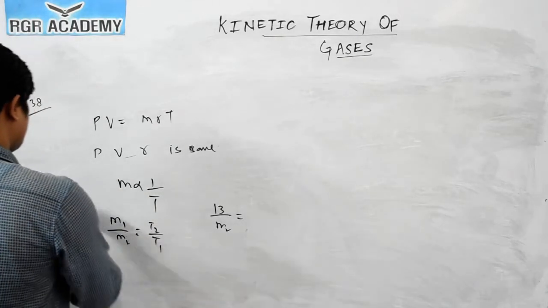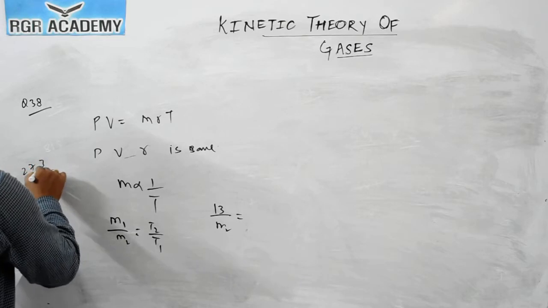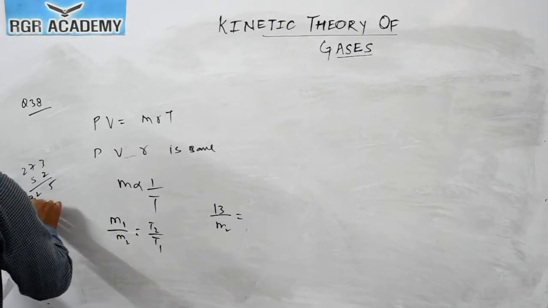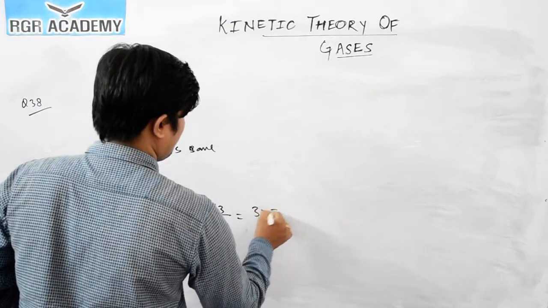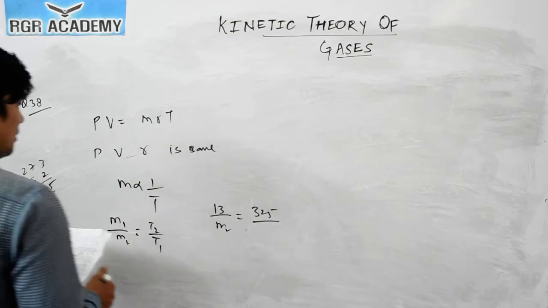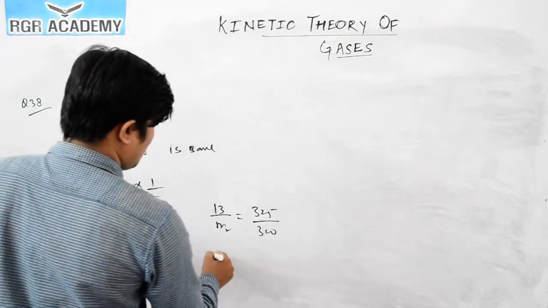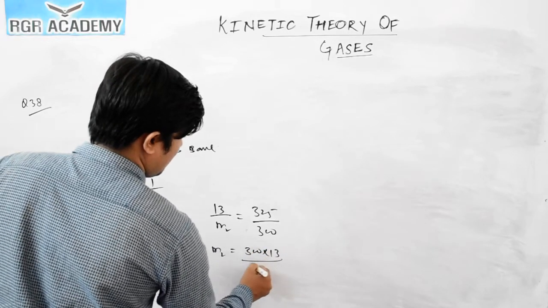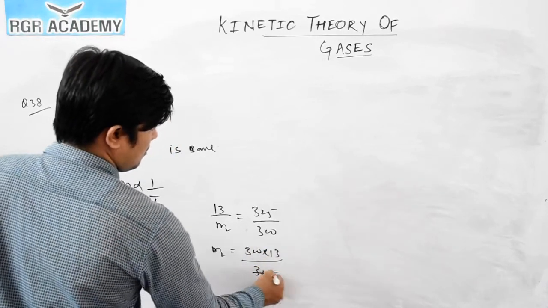So 52 degrees Celsius means 273 plus 52, so 325, divided by temperature is 27. 27 means 300. Okay. So M2 will be equals to 300 into 13 divided by 325.